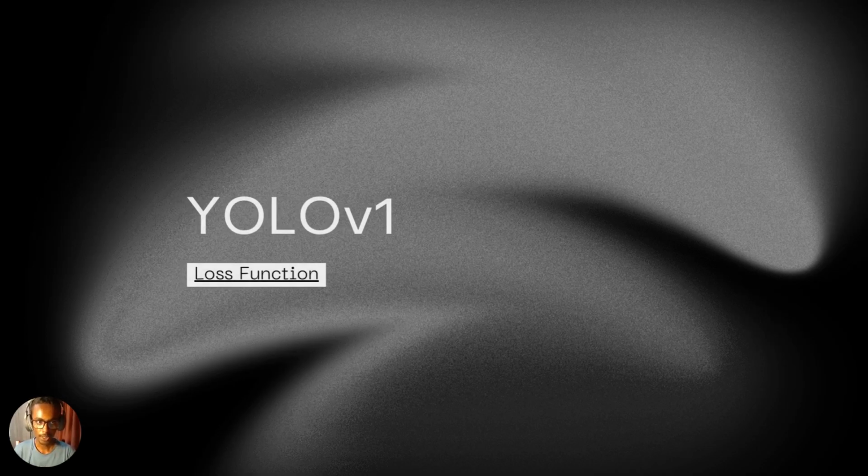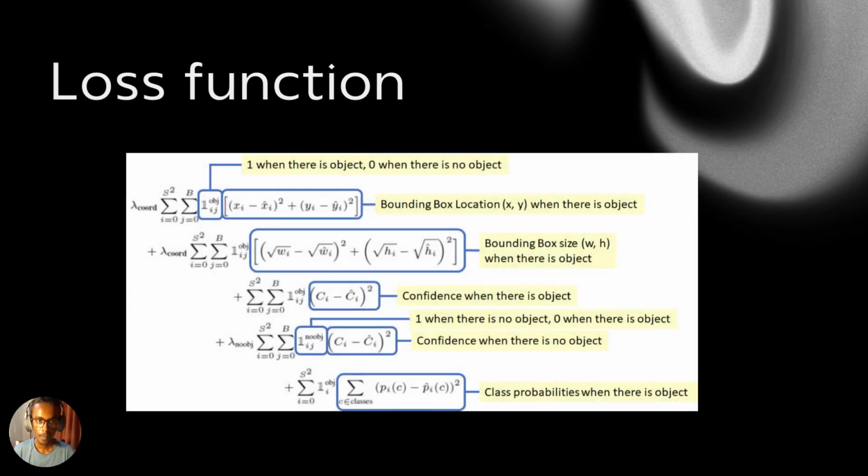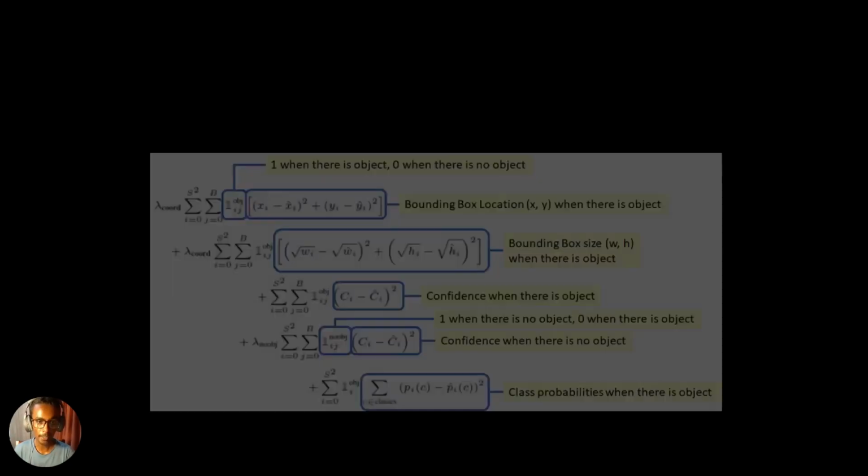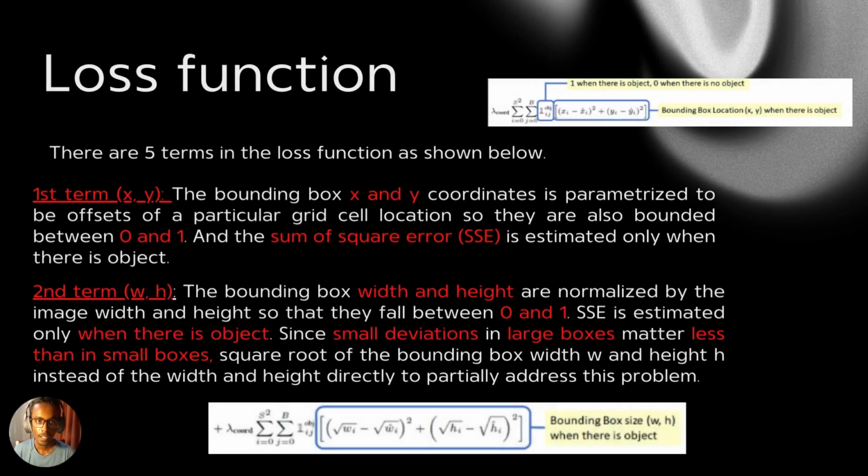Finally, we're going to talk about the loss function that's used in YOLOv1. If you look at the original formula for the loss function of YOLOv1, you think it's going to be very messy and very complicated, but actually it's not that hard, and it can be broken down into pieces so that you can understand what each piece is doing. There are 5 terms in the loss function.